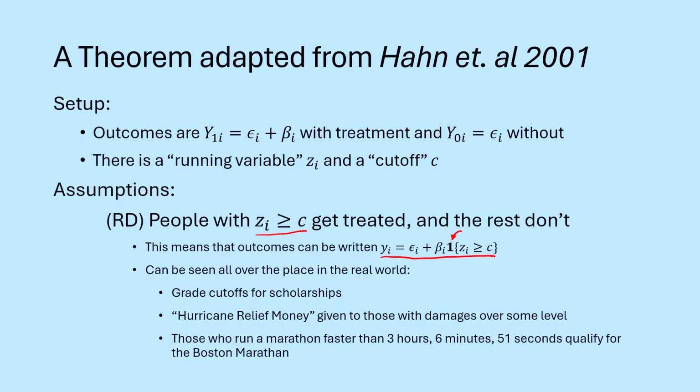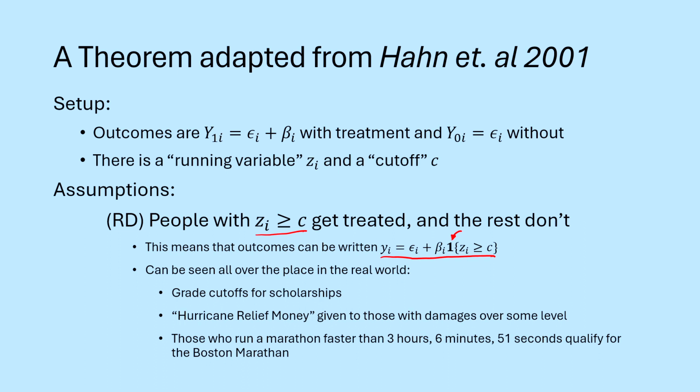Imagine that if you earn a 3.5 GPA, you get some kind of a scholarship. Well, there's really no meaningful difference between someone with a 3.499999 GPA and someone that barely got the 3.5. But there is a big difference in whether they receive the scholarship. And so we can look at that difference right there to evaluate the effect of the scholarship using the regression discontinuity method.